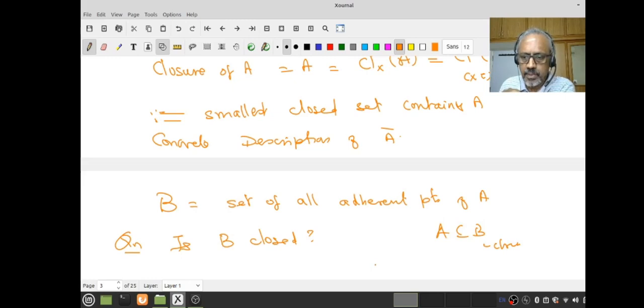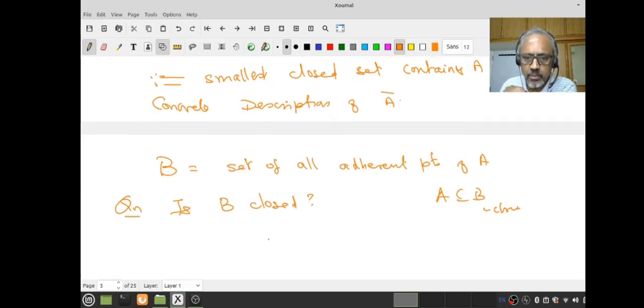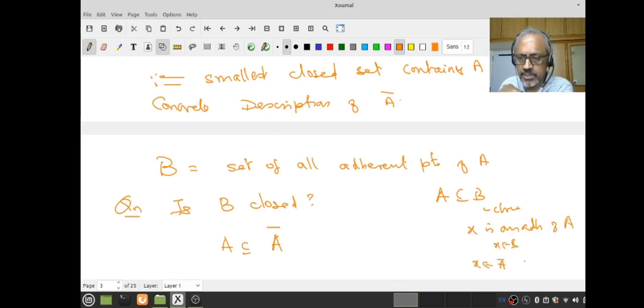Now next, look at the closure of A. We know it exists, therefore A is a subset of it. Now what do we know? If x is an adherent point of A, that is, x belongs to B, then x necessarily belongs to the closure of A. Do you understand this? We proved this earlier. What did we prove?